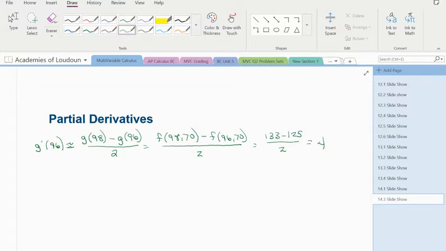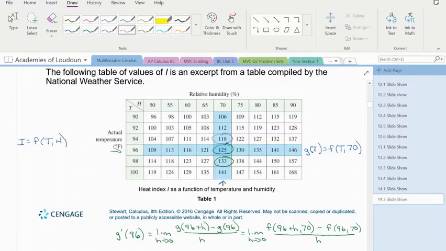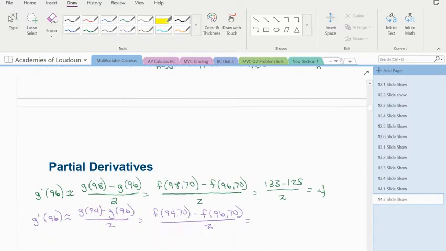We can also approximate G prime of 96 by looking at G of 94 minus G of 96 over negative 2, which will be the same as F of 94, 70 minus F of 96, 70, over negative 2. Looking at the table, we have F of 94 is 118, and again F of 96 is going to be 125.